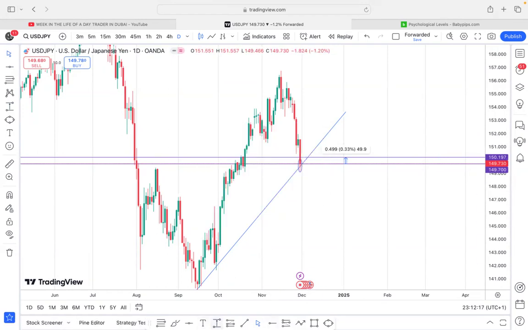So let's calculate it together. This is why you have to have an idea of how to do pip calculation. 149.700. Now, how do we start our 50 pip calculation? From the first decimal point, right? So now 149.500.